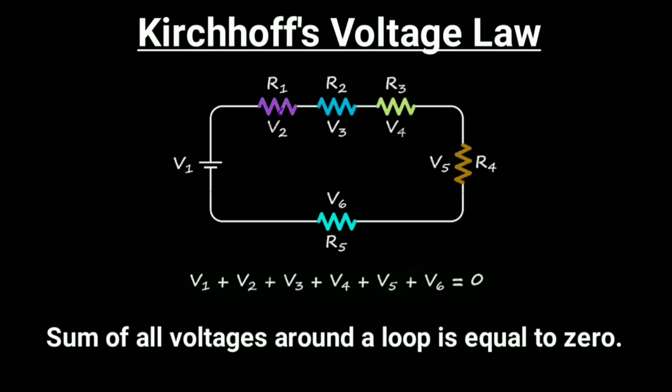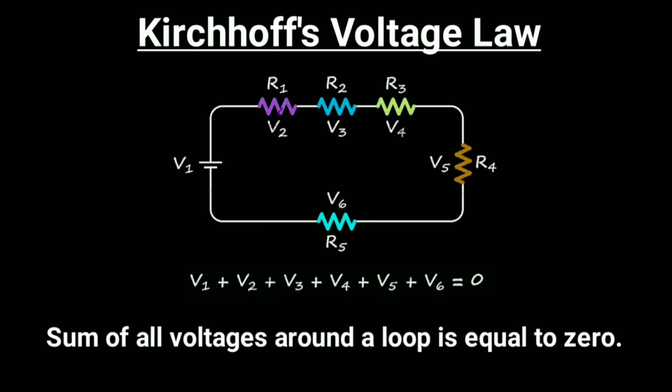To better understand, learn how to apply KVL, Kirchhoff's voltage law. In this figure, R1, R2, R3, R4 and R5 are resistors connected in series having drop voltages V2, V3, V4, V5 and V6 respectively, and V1 is the source voltage.